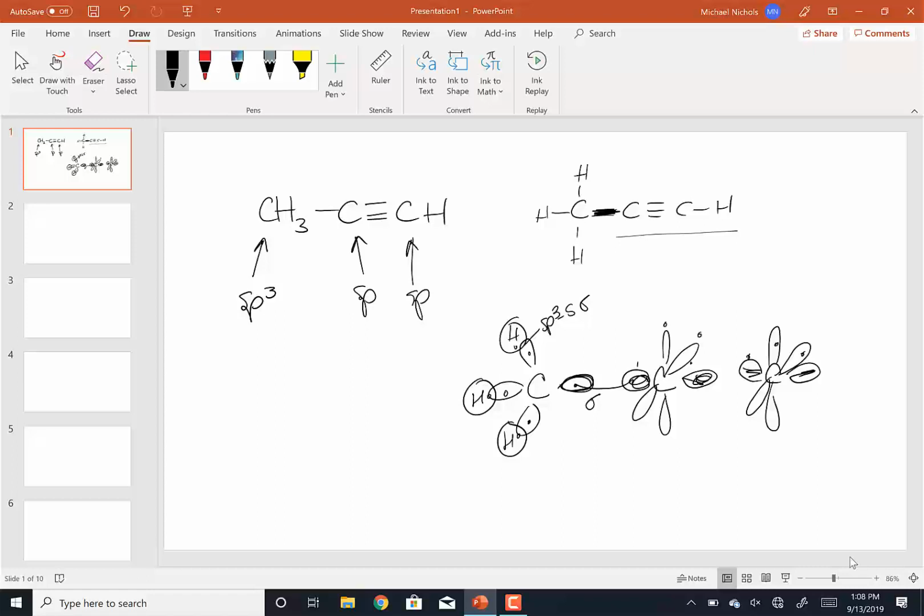Each one of those orbitals gets an unpaired electron. On the end, there's my hydrogen-carbon sigma bond. And then here's my sigma bond that holds the triple bond together.